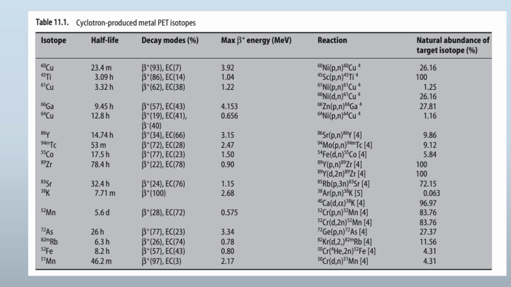So these are the cyclotron-produced metal PET radionuclides, and with their half-life, their decay modes, of course, they're all going to be primarily positron. I do want to point out that you see some of them are also electron capture. That's what that little EC stands for.